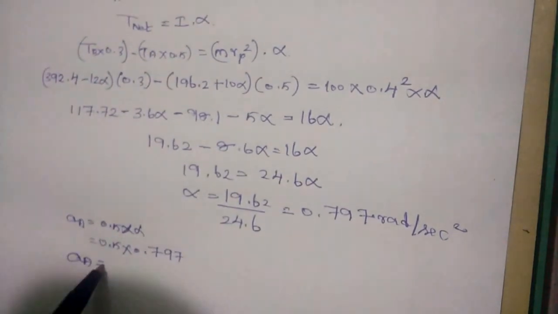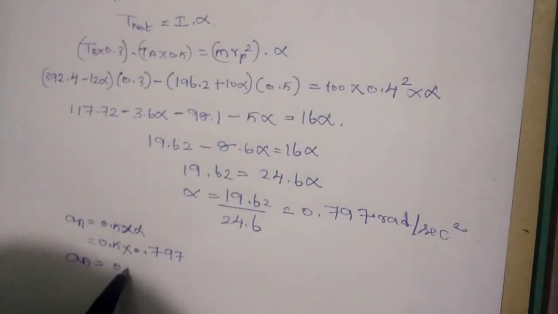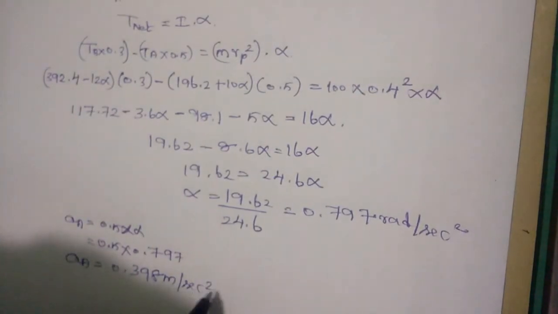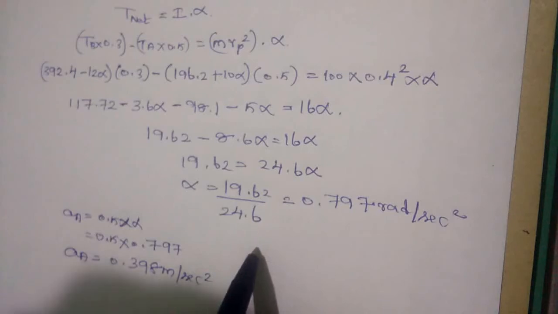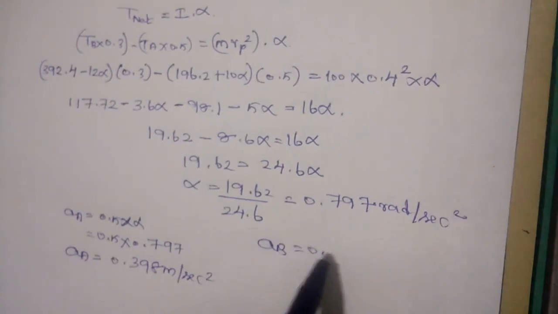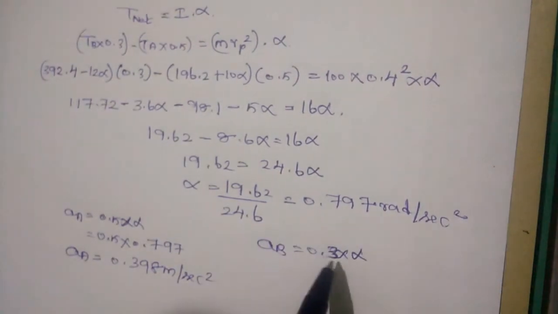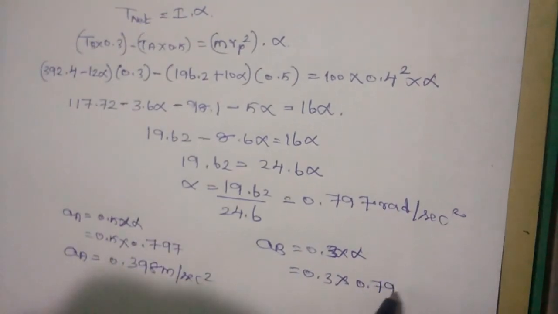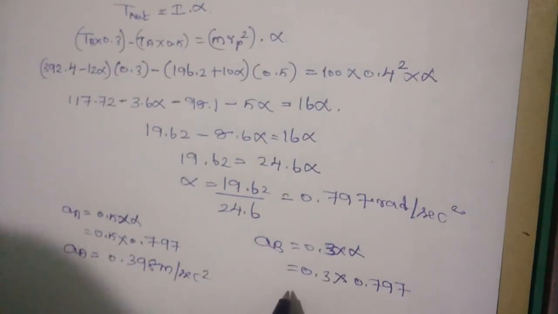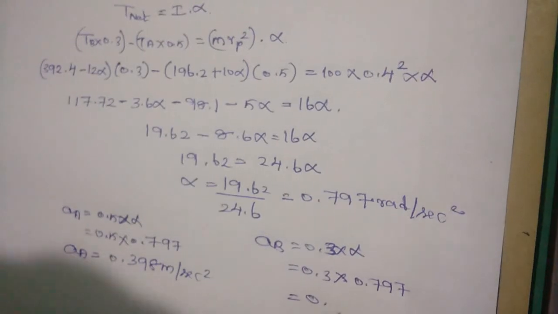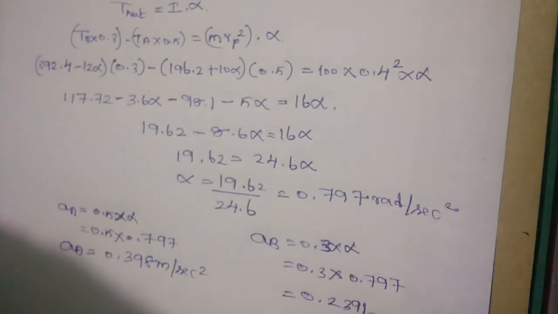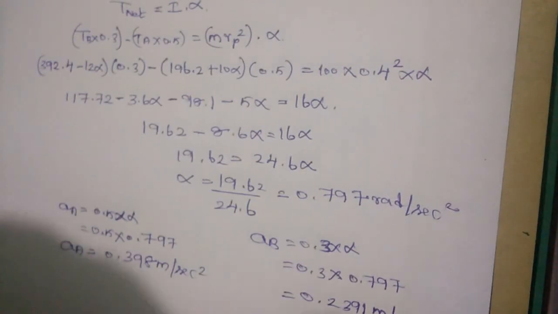Therefore, the linear acceleration of cylinder A is equal to 0.398 meter per second squared, and the linear acceleration of cylinder B is equal to 0.3 into alpha, which is 0.3 into 0.797, equal to 0.2391 meter per second squared.